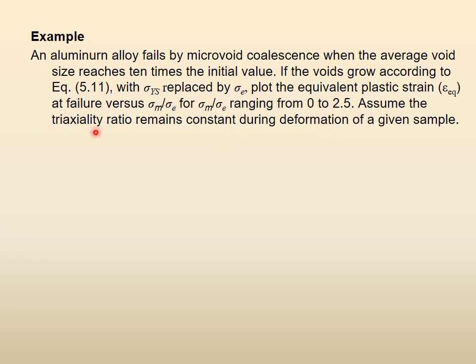Assume the triaxiality ratio remains constant during deformation of a given sample. So, try to do this. You can do some Excel values, create some general values, try to create whatever graph, and then compare your solution with the solution that will be discussed shortly.